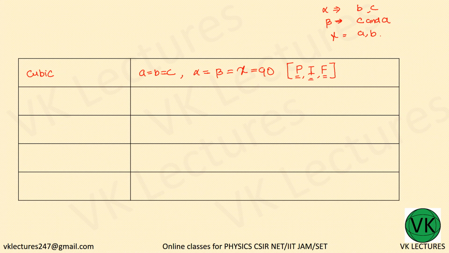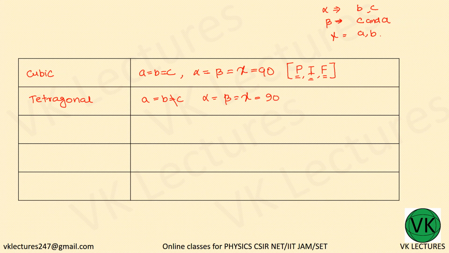Okay, now here we have tetragonal. Tetragonal has A equal to B not equal to C, and alpha equal to beta equal to gamma equal to 90 degree.